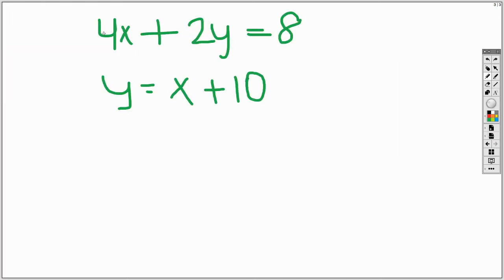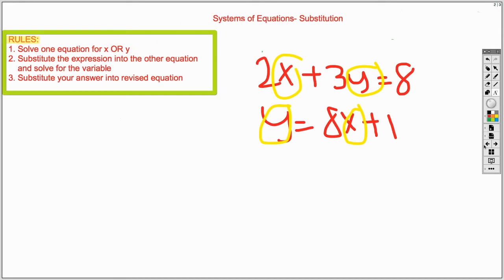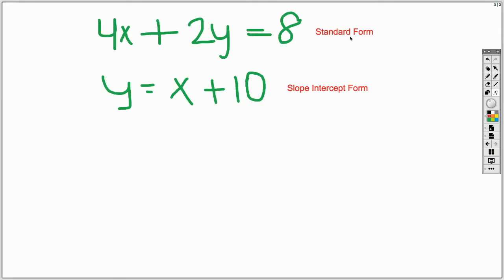Here I have two equations. One thing we should notice is that this is in standard form, a concept which we covered in one of my previous videos, and this is in slope-intercept form. With substitution, you need one in standard form and the other in slope-intercept form.